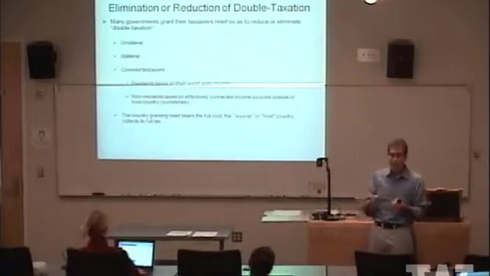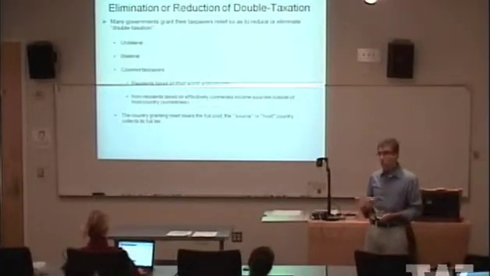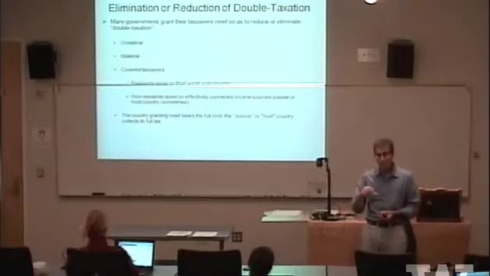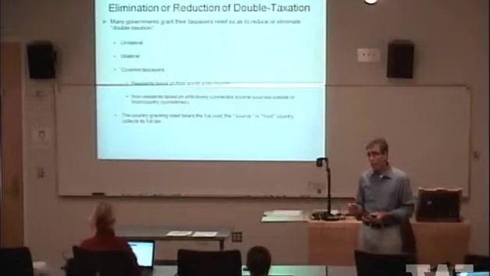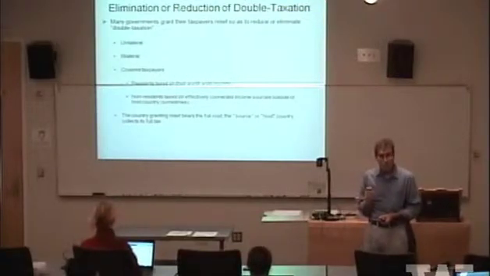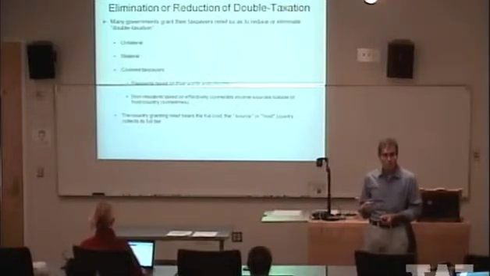So, for example, Singapore for a long time was that way. There was no unilateral credit. I believe there is today, but for many years there was not. And only where there was bilateral agreement was a foreign tax credit provided.